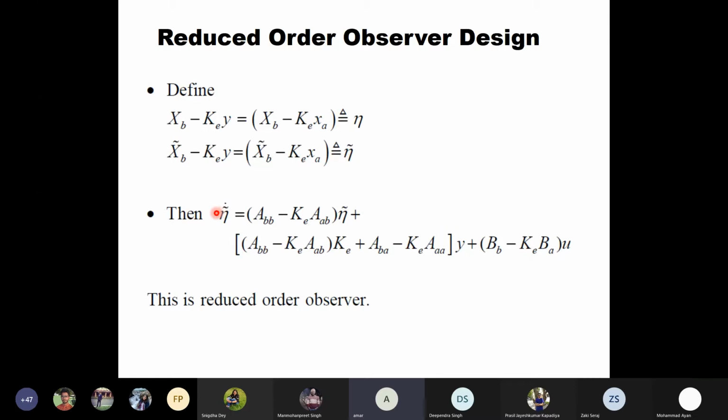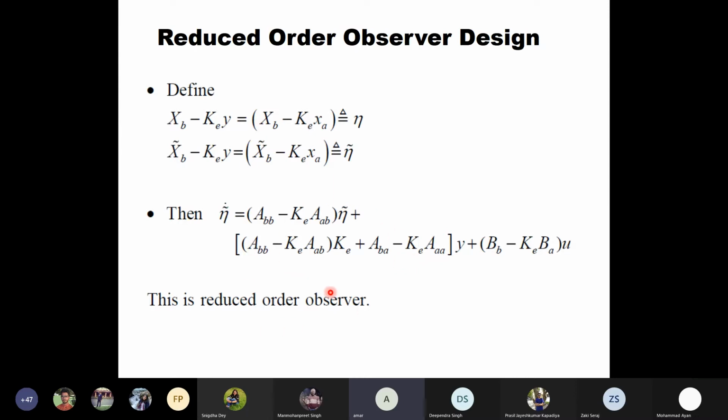Then the equation I can write: eta hat dot is equal to (A_bb minus K_e A_ab) within bracket eta hat plus these terms, which I am not reading over here again. Okay, so this basically is the reduced order observer.